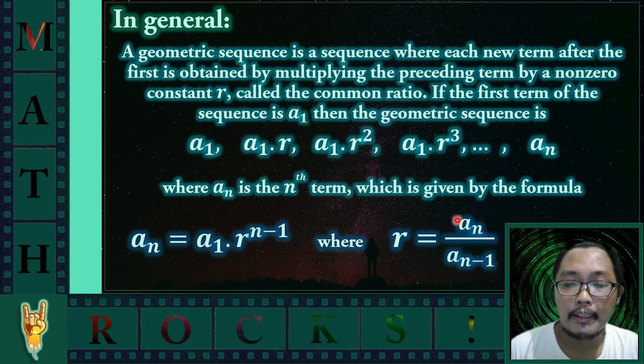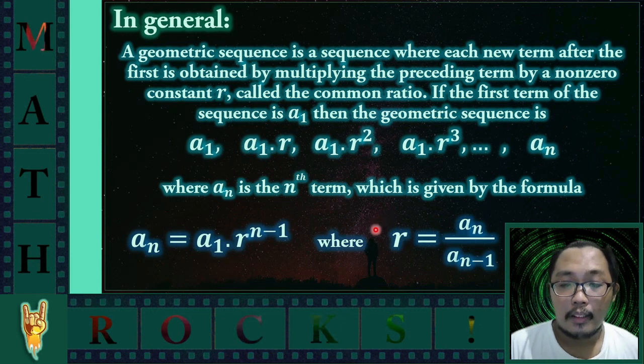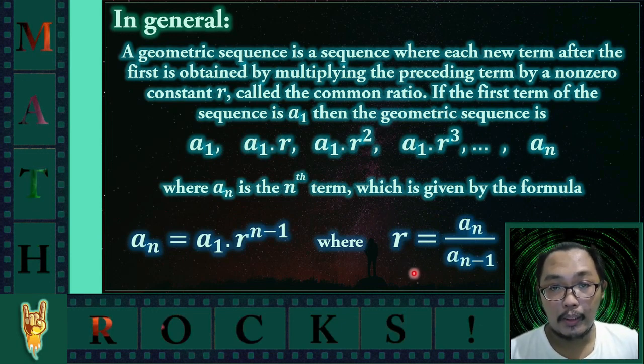So we can easily get the common ratio by dividing the second term by the first term. And we will have more of this on the next video.